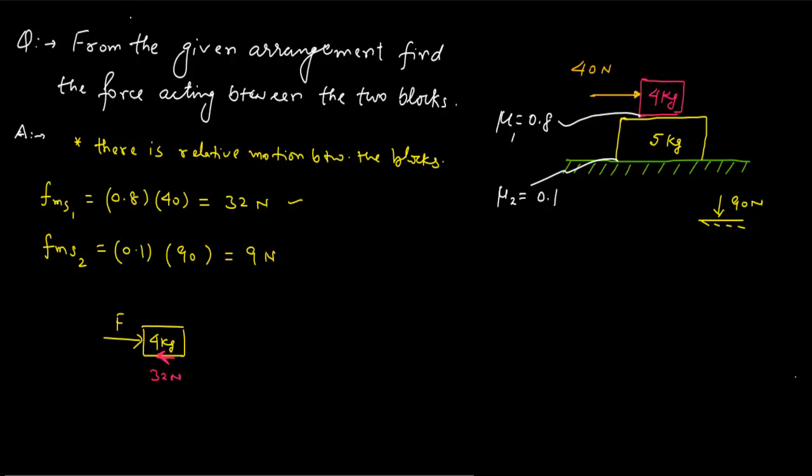And if we draw the same situation for the 5 kilogram block, due to application of this force F, this 32 Newton force, the force of maximum static friction, is provided by this lower block. So here we are drawing 32 Newton. And the force acting on this 5 kilogram block with respect to the surface on which these two blocks are placed is 9 Newton. Clear?